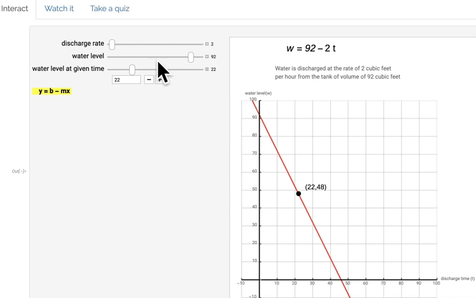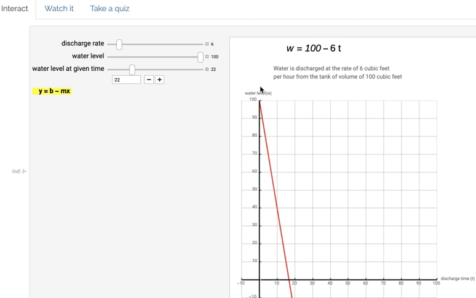Now you can interact with other parameters, like increasing the discharge rate. Now the discharge rate is 6 cubic feet, so the line is getting steeper. As t increases, y decreases faster. So now you can increase or decrease the water level.